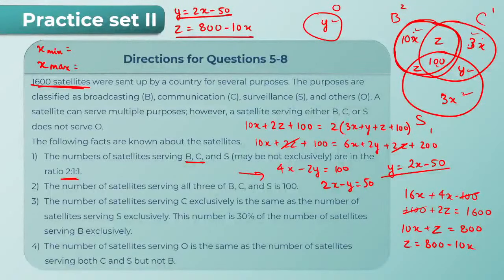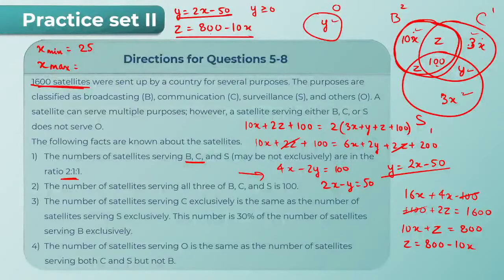So minimum value, if I talk about, y should be greater than or equal to 0. Y will be positive or equal to 0, right? So if I put 2x minus 50 is greater than or equal to 0, 2x is greater than or equal to 50. So minimum will be 25, right? At 25 it will be 0. Above that it will be a positive number.